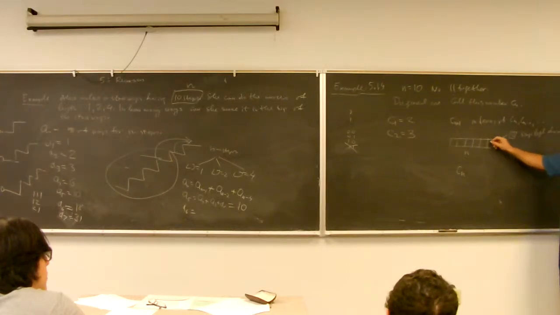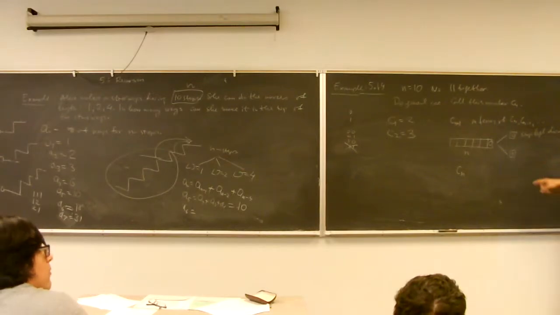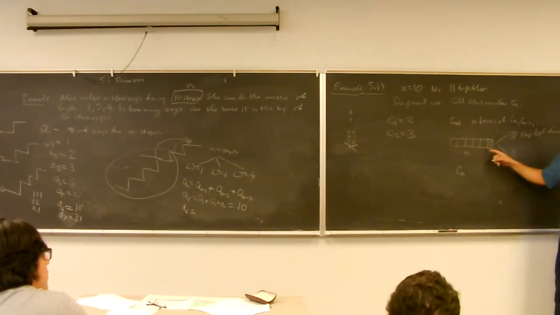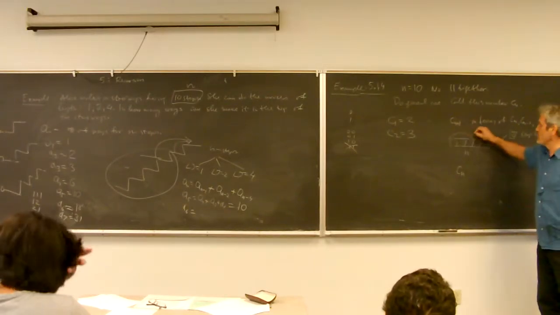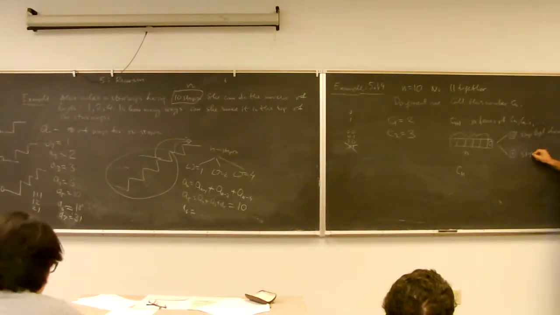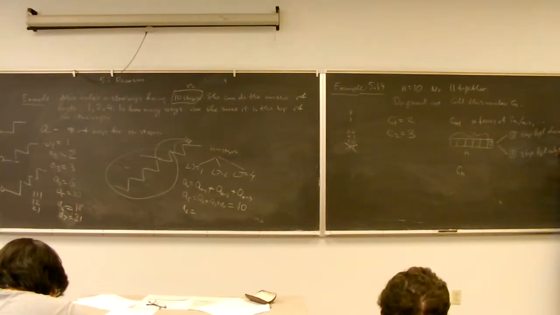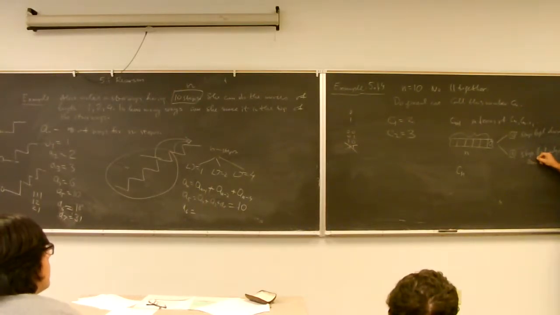Must be 0, otherwise, so that's it. And then what? So, if it's 0, what about before? It doesn't matter. So how many words do we have now of that type? Cn minus 1. So it stays legal only if the word ends with 0.